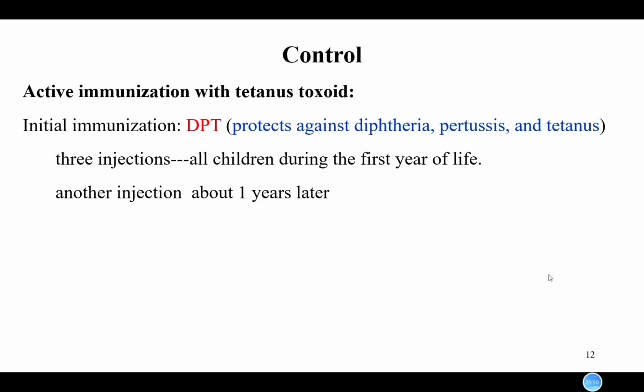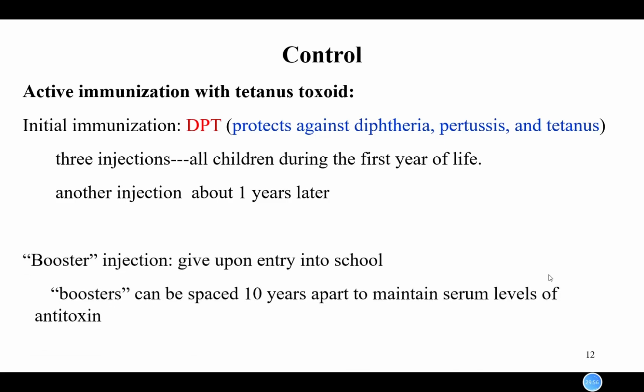I guess that's what happens in China, the kids receive this. But in some countries, the kids receive another booster injection once they go to school, because little kids play a lot in school and might have a higher chance of injury, so they would have this protection.